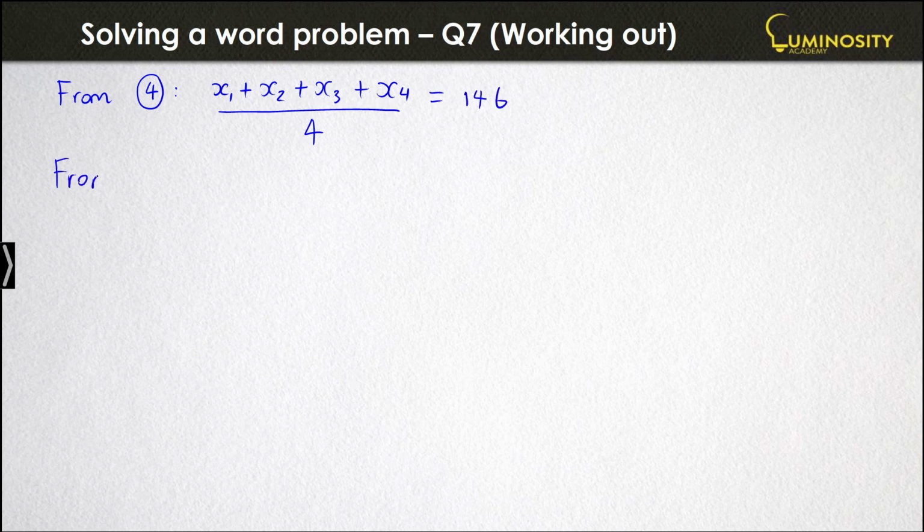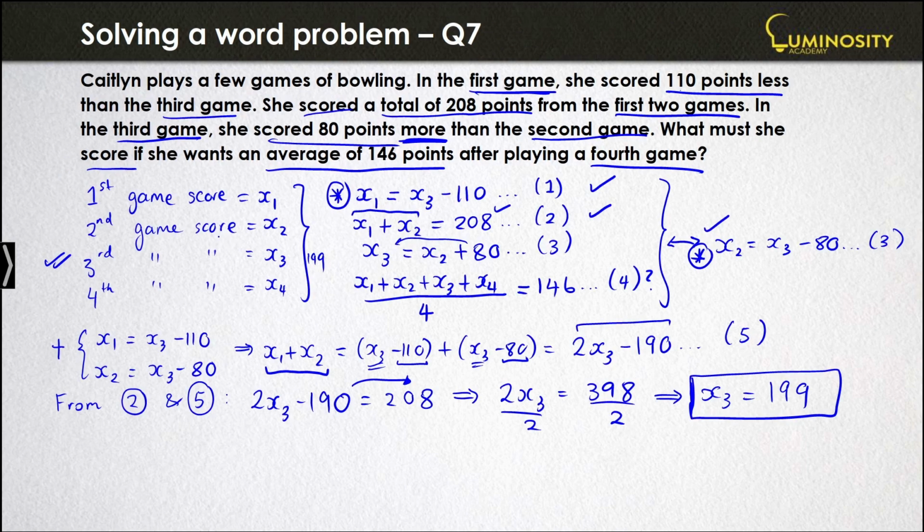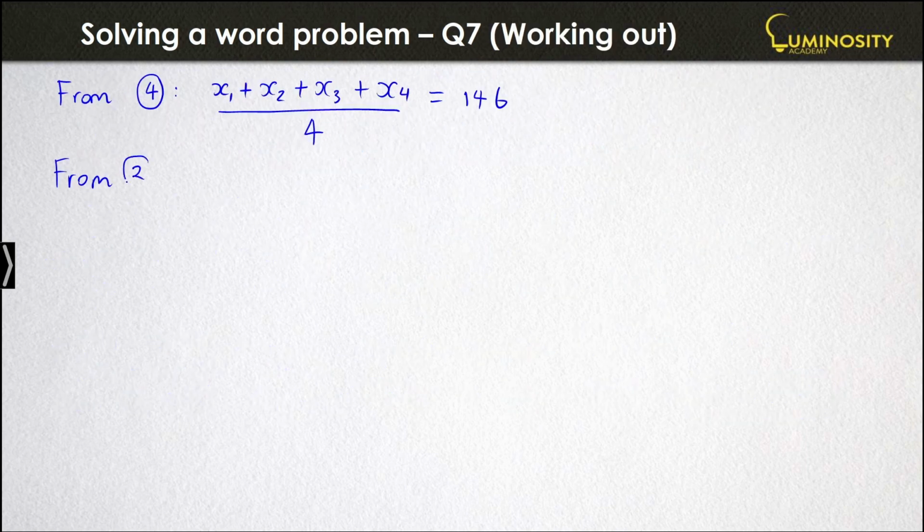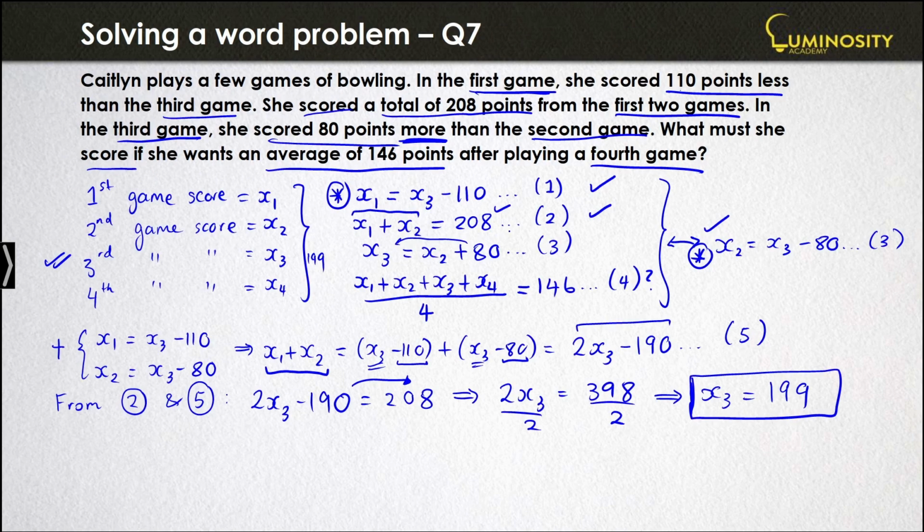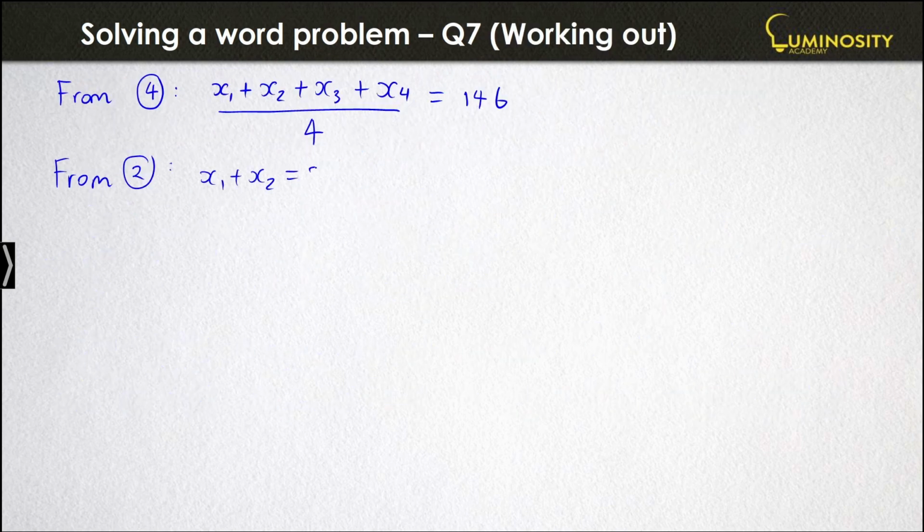But we know from equation 2 that x1 plus x2, the sum of the first two games, was 208. And would you look at that? In equation 4, you have x1 plus x2 up there. So this means that I replace that x1 plus x2 with 208 plus.